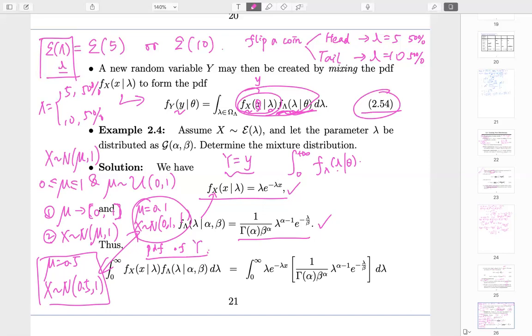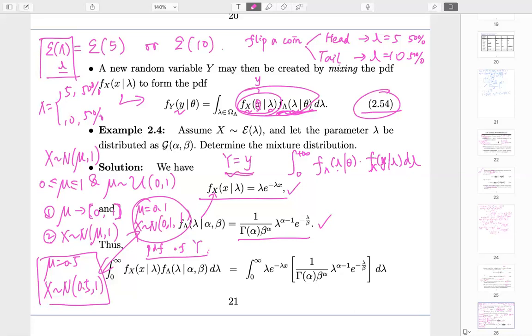Once a small lambda is selected, what is the probability for it? It's a y d lambda, not dy. Basically, it's like a two-layer selection.